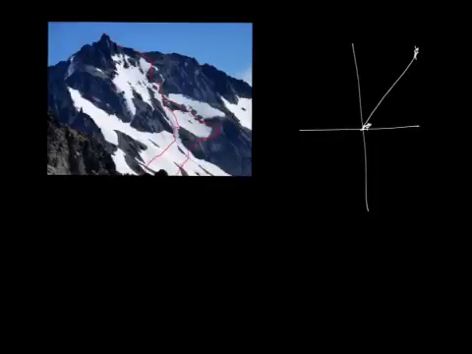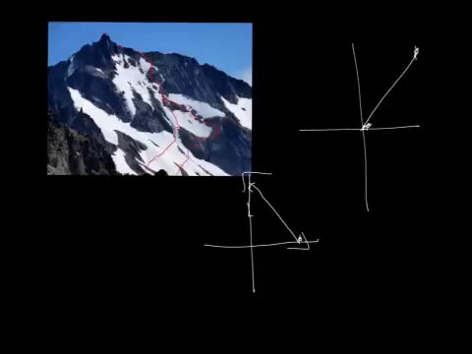But what if we start at the top of our mountain instead? What if we start up here at the top and then we need to travel back down to the base? In this case, notice that the slope is going downward, so this is actually going to be a negative slope.